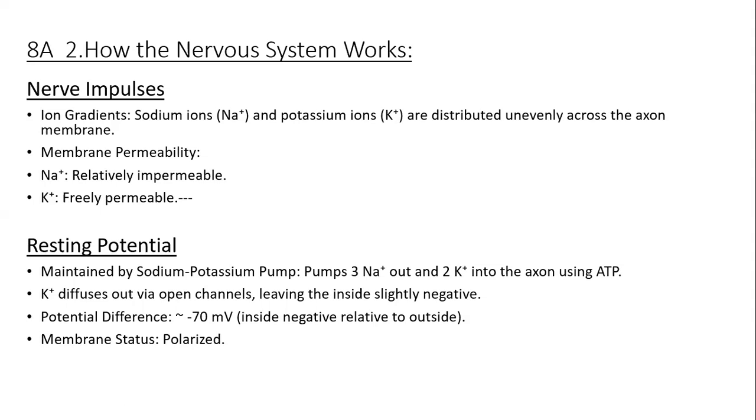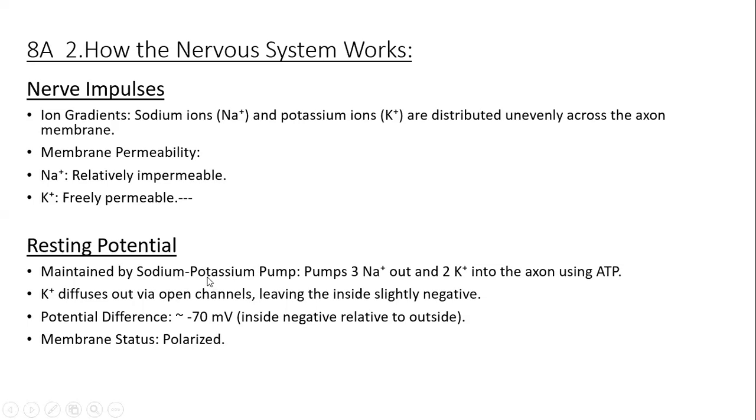It is the electrical charge difference across the membrane when the neuron is not transmitting the impulse. So that is at rest. Now how is this resting potential maintained? For that you have to know about the sodium potassium pump.